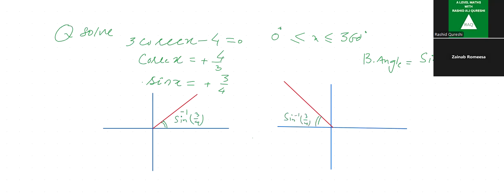You have to use the calculator. And over here, the angle you want to find becomes 180 minus sine inverse of 3 by 4. So you have to use these two answers.